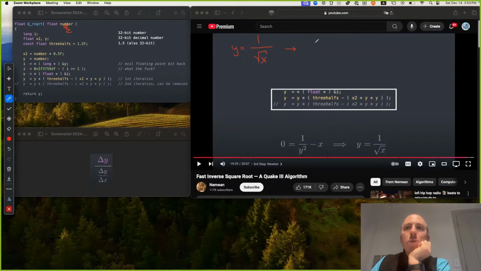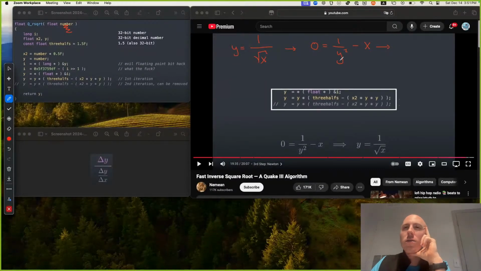And so we do some algebra and rearrange terms. We get 0 equals 1 over y squared minus x. So we know x, but we don't know y. We want to find the y such that this is 0. Just looking at this, we just have a function here. We want to find the y such that when we plug y in, this thing gives us zero.